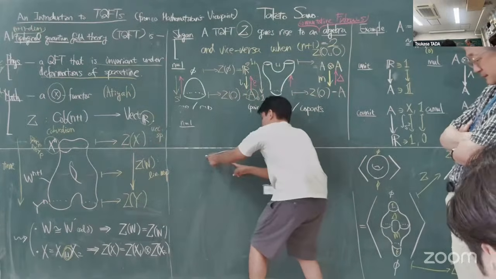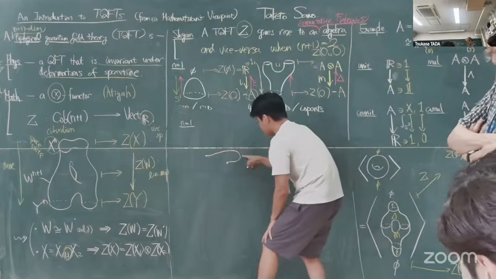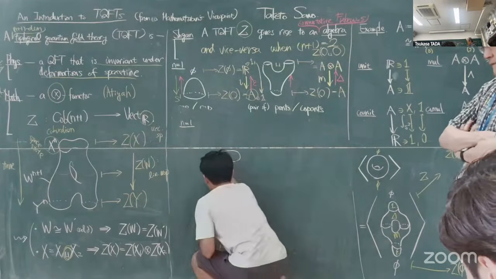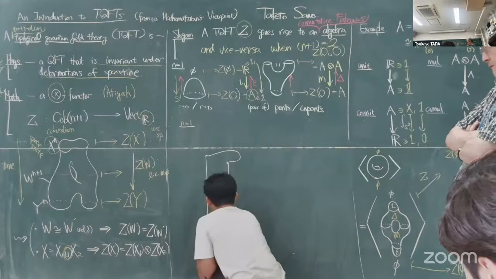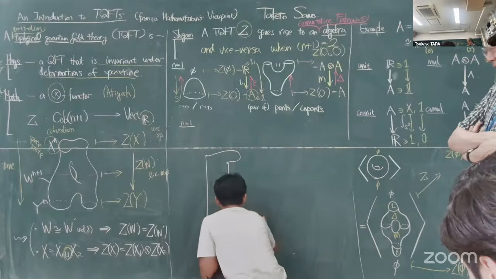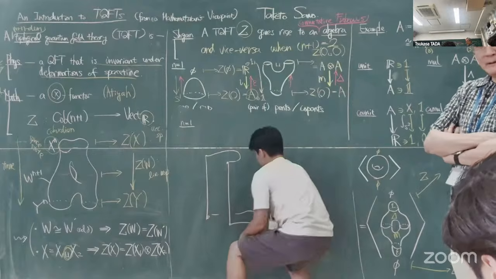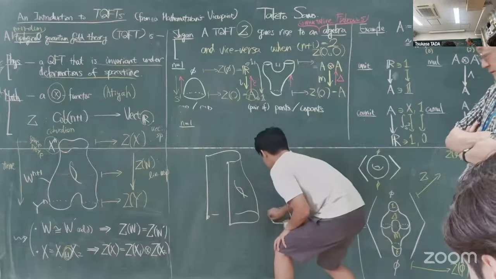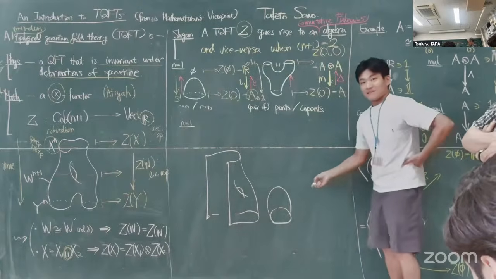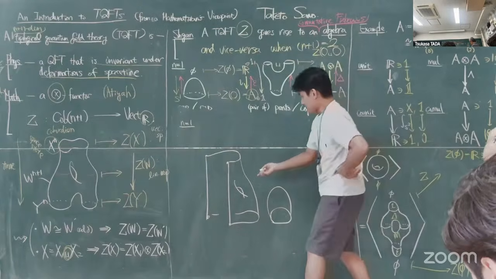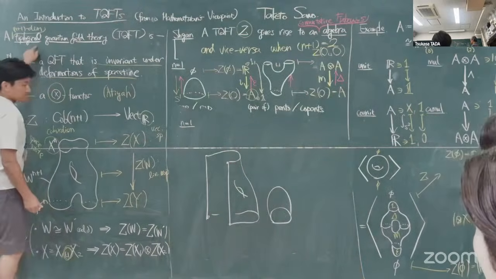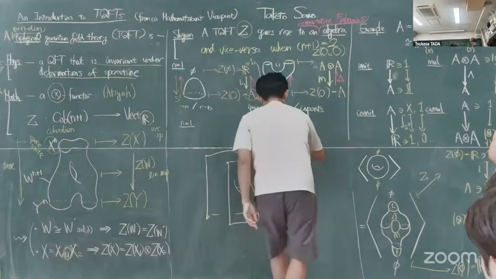So this can be regarded as a one-dimensional object with zero-dimensional boundary. And of course, we can think of a cobordism between such objects like this. And then we can have something like this. And if we want to formulate this mathematically, then this is not enough. So we have to think of something called the extended TQFT.